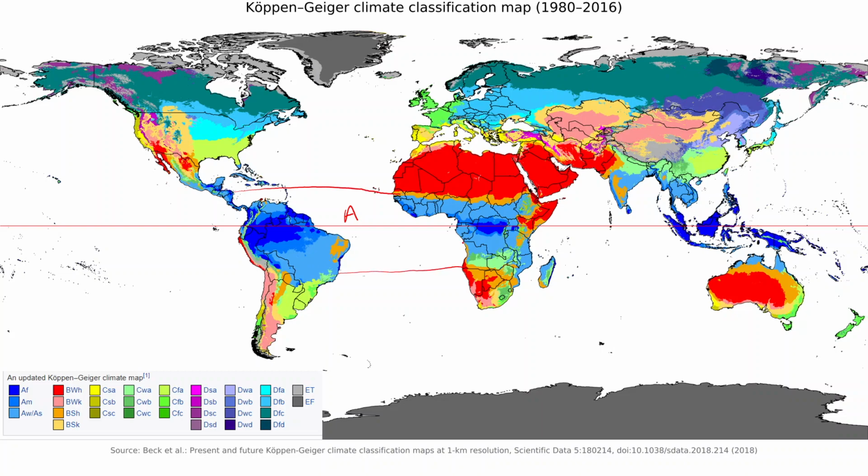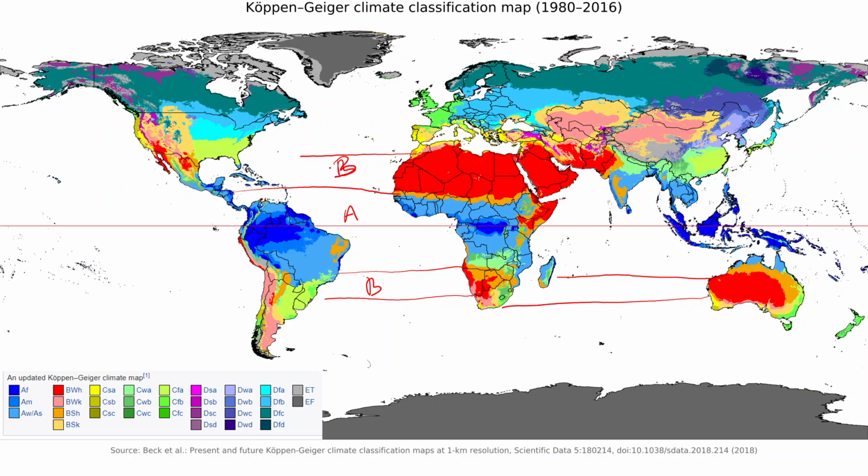Of course, the local landmass pattern and local factors do affect the climate, but the global scheme is divided typically latitudinally. Next is B, which is the dry climate, and we can see here 30 degrees north and south latitude. All these are the typical regions which have the dry climate.